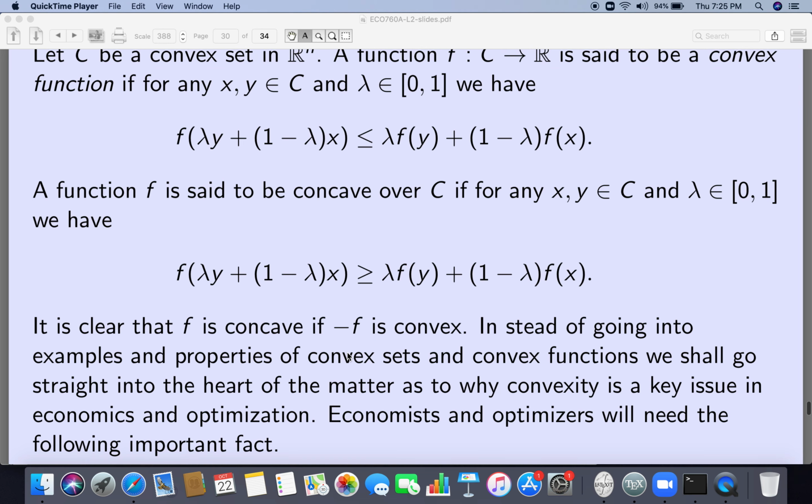Now we will get into the key issue as to why this class of functions is very important in optimization. We will just talk about maximization just to keep economists happy, and then we will give as a problem the minimization story, which you can try out because the arguments are similar.